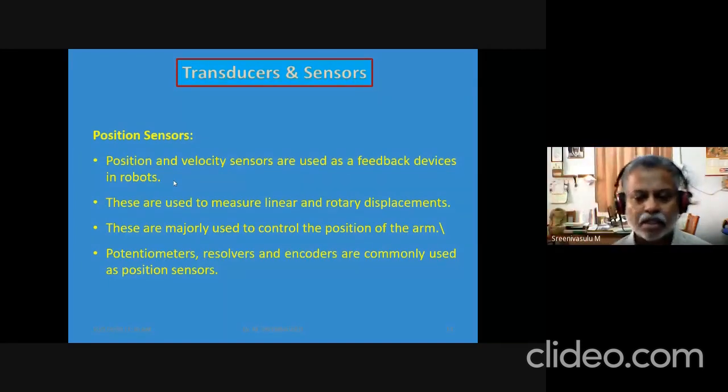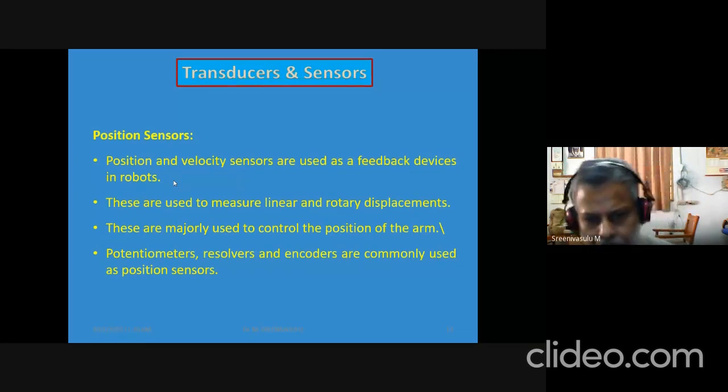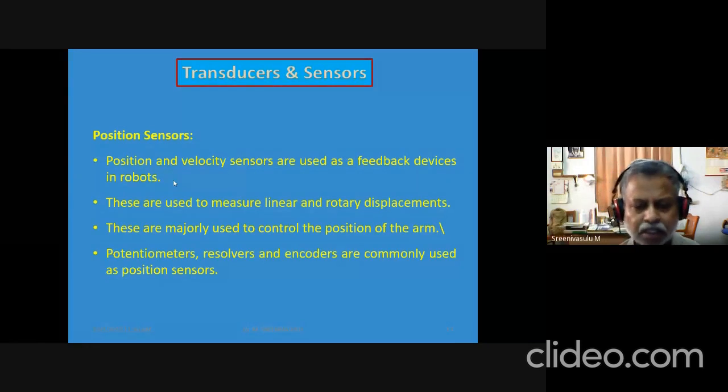It senses all that information and sends it as a feedback signal to us, and at the detector location, the input and output are both compared. That is a corrective action taken to ensure that the robot we are using follows our instruction to the maximum possible extent. These are basically used to measure linear and rotary displacements.